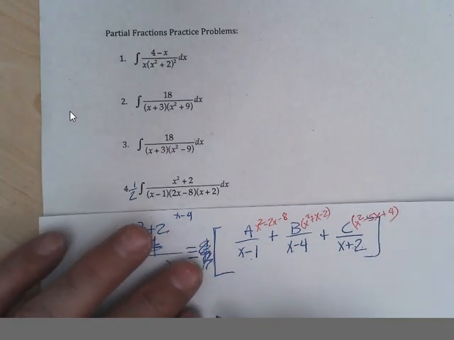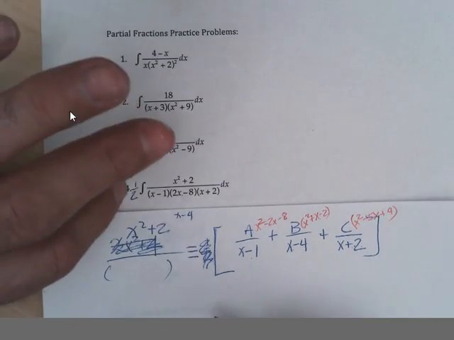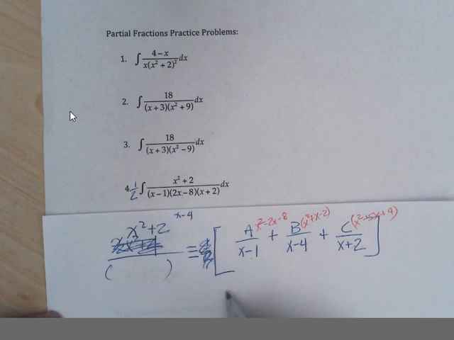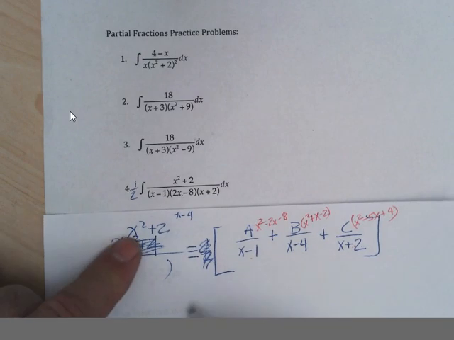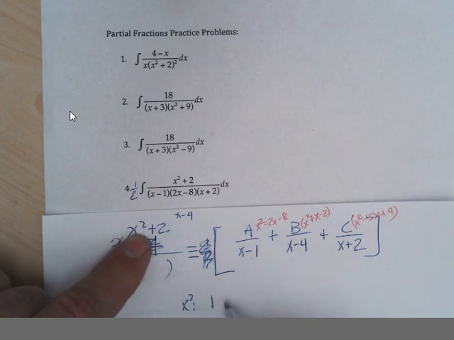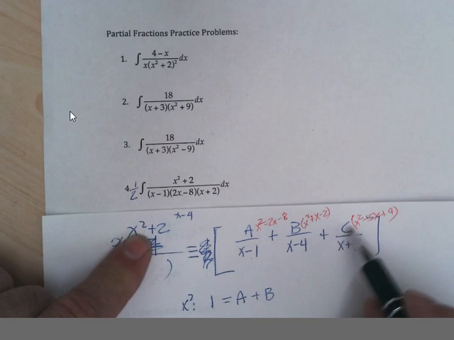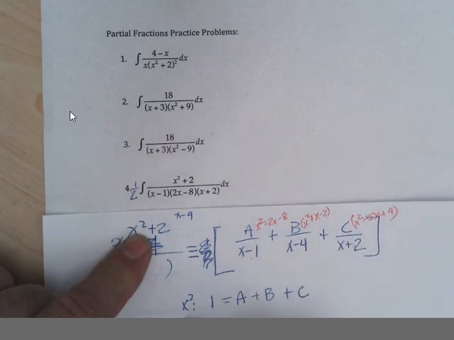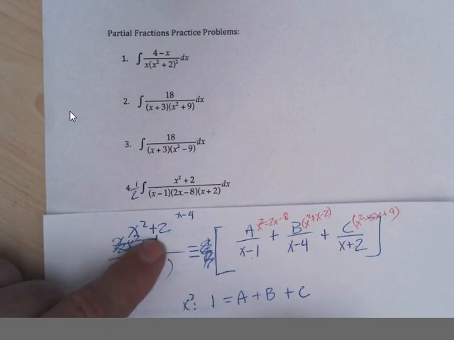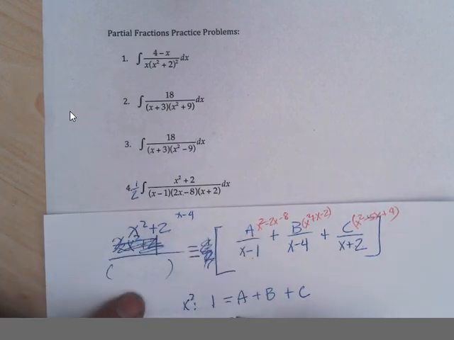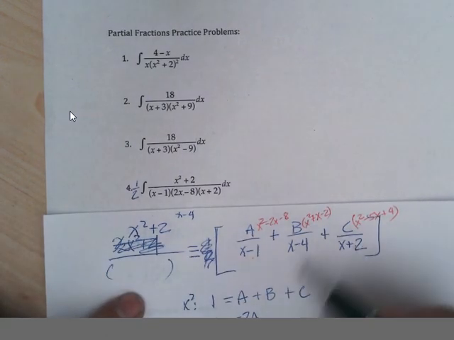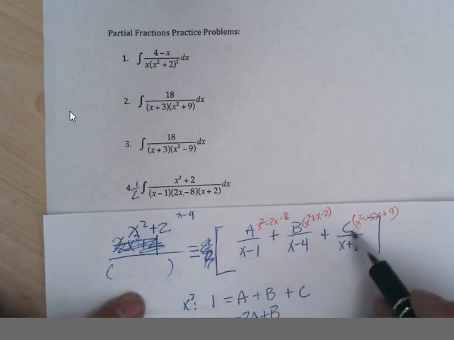So, forgetting that half, I just factored it out, put it on the outside of the integral. It's 1x squared equals a x squared plus b x squared plus c x squared. The x's: none, so minus 2a plus b minus 5c.